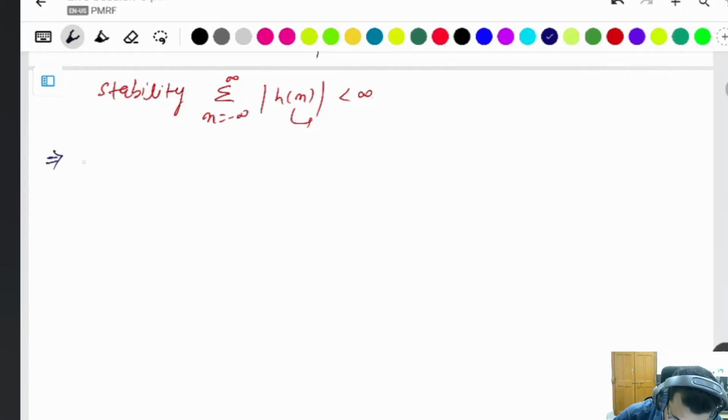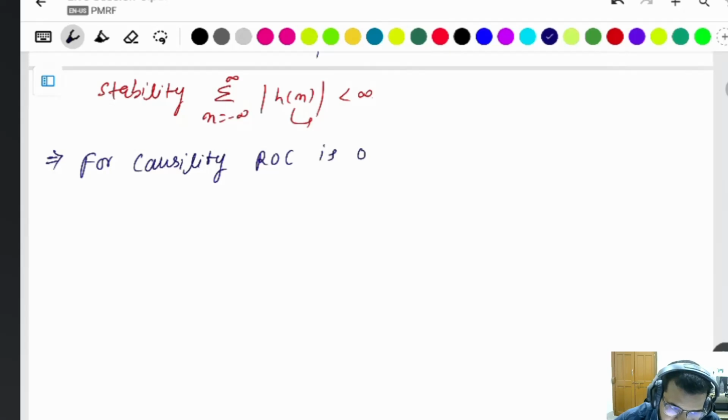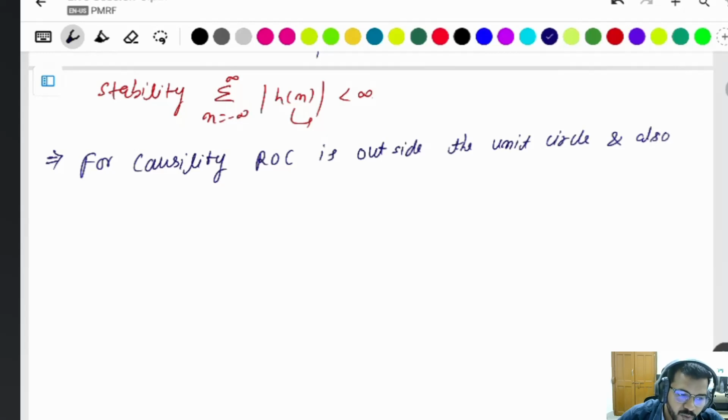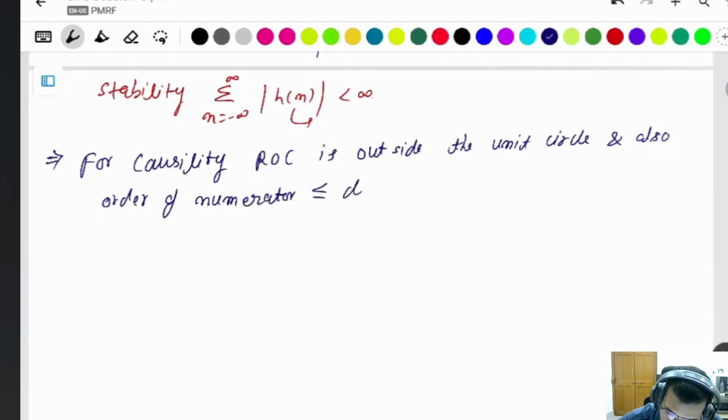For causality, the ROC is outside the unit circle, and also the order of the numerator should be less than or equal to the denominator.